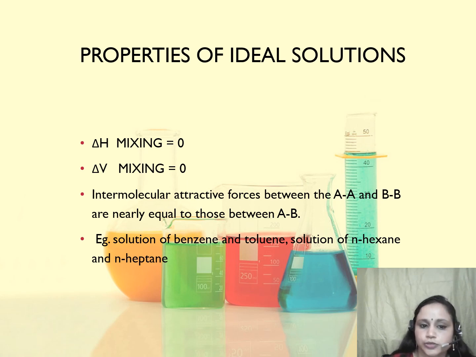Delta V mixing is also 0, so there is no change in volume. This is because the intermolecular attractive forces are nearly equal in each component as well as when both components are mixed together. Examples of such solutions are benzene and toluene, and hexane and heptane.